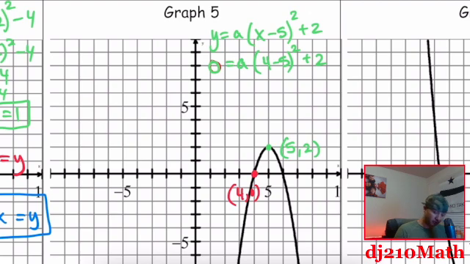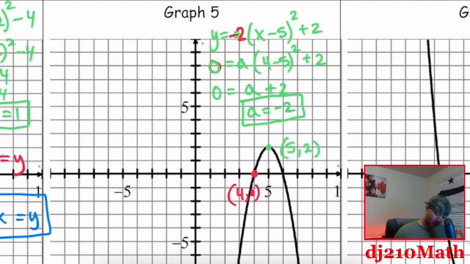Negative 1 squared is positive 1. So basically just a, right? We don't care about the 1. So 0 is equal to a plus 2. What plus 2 equals 0? Negative 2, right? A is equal to negative 2. So plugging that in, we get negative 2.